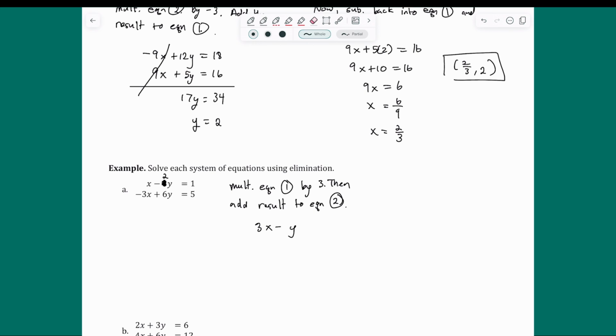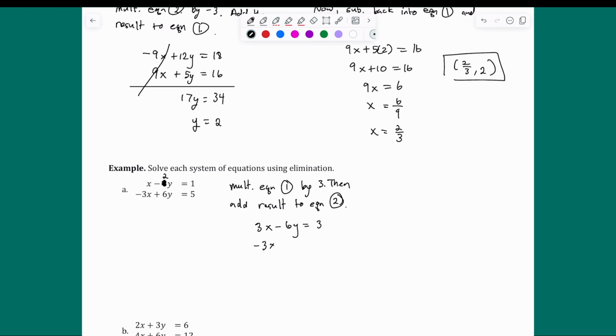And so doing that would give us a minus 6y equals 3. Okay, so multiplied equation 1 by 3, and that's what we get there. And so let's add this result to equation 2.